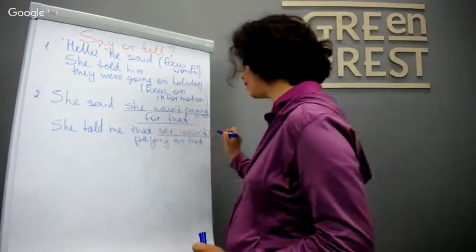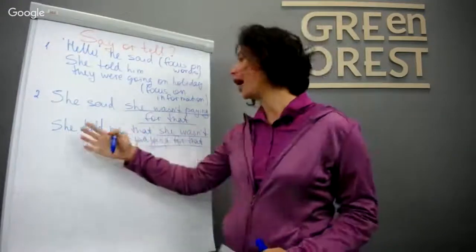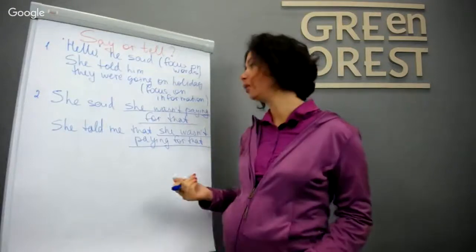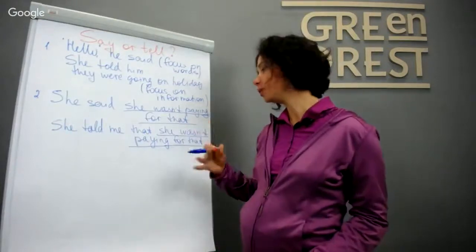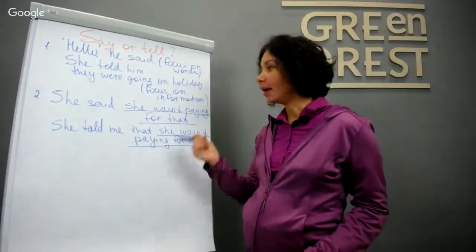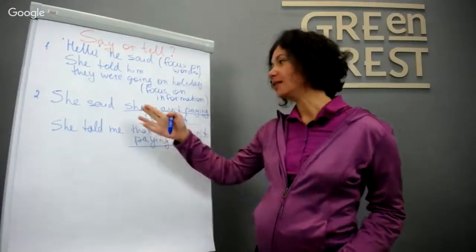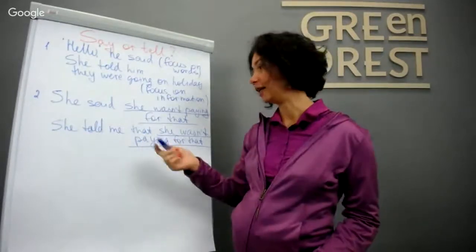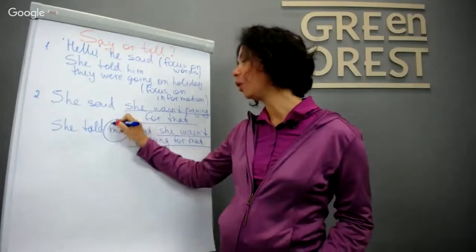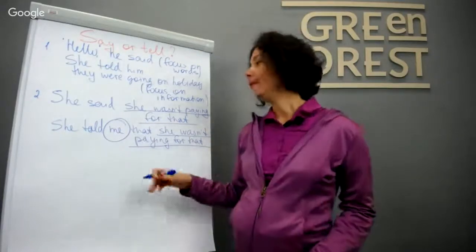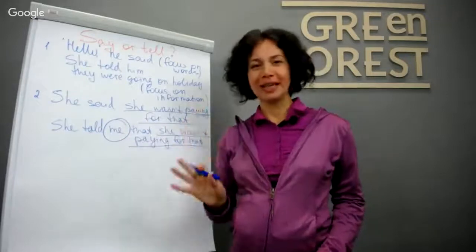This is also a direct object. After told, we need to say what kind of information she told. But the difference is, as you can see, after she said, we don't need to say whom she said it to. But after she told, we always need to say whom she told that. It's called an indirect object, but again, it doesn't matter.